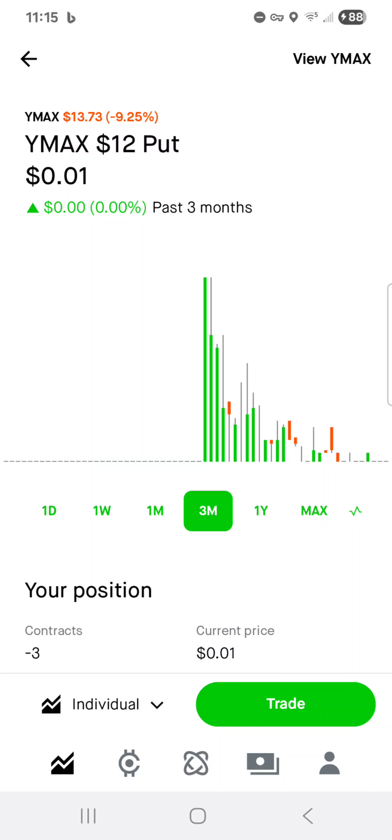So it's kind of like insurance to them. If it dips below $12, it's okay. They know that they could just exercise that put, get $12 a share for it, and get out of that stock. So that's why they're buying that insurance.